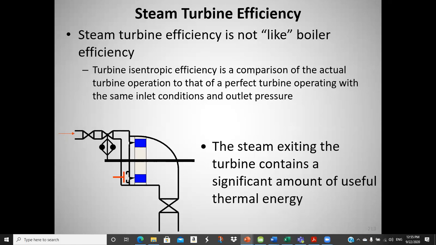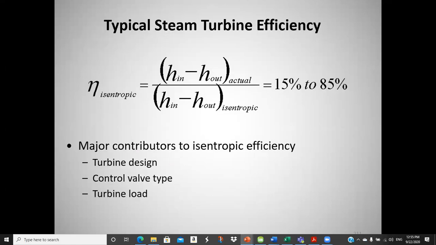Okay. So what can that be? Well, you don't see many as bad as 15%. I've seen them 35, maybe 40 for a small single stage. But the big ones do get up to 85%, something like that.